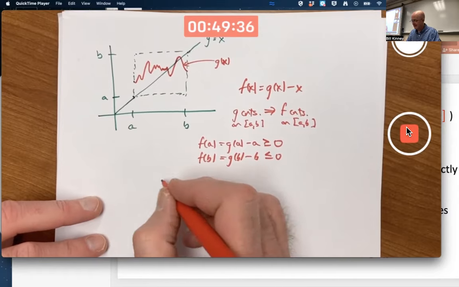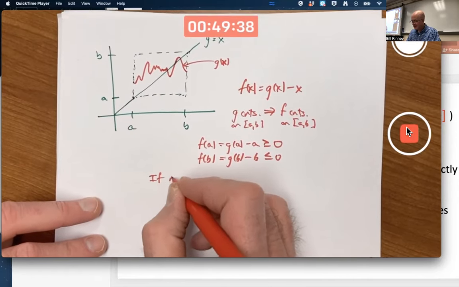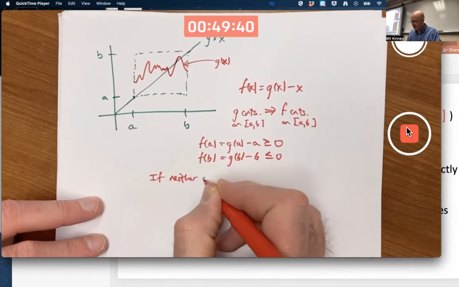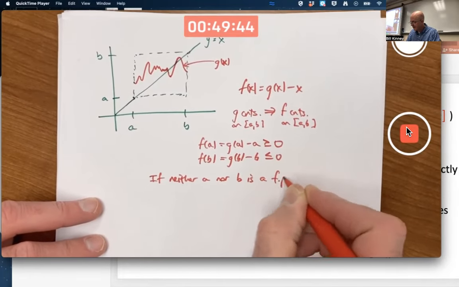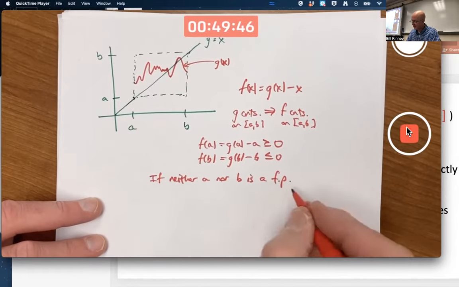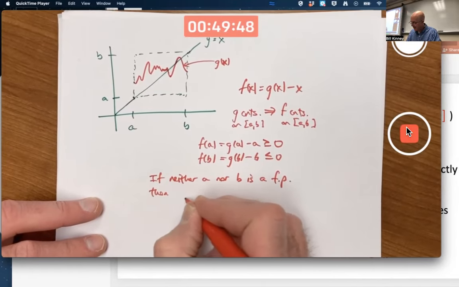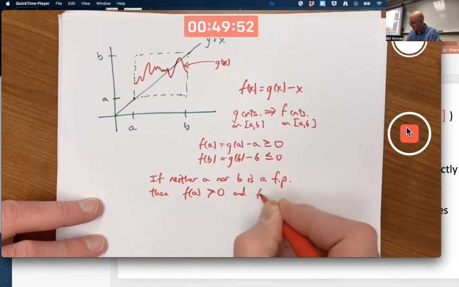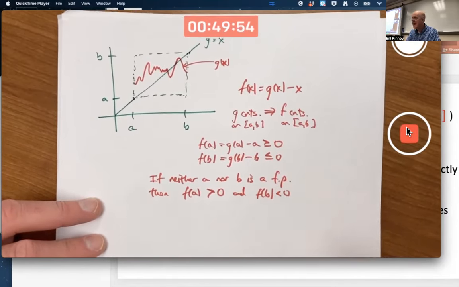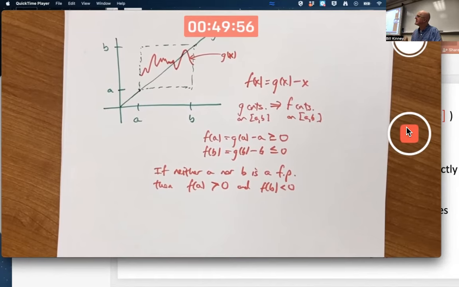If neither A nor B is a fixed point, FP for fixed point, then f of A is strictly positive and f of B is strictly negative. So if K is 0, there's got to be some C between A and B so that f of C equals 0.